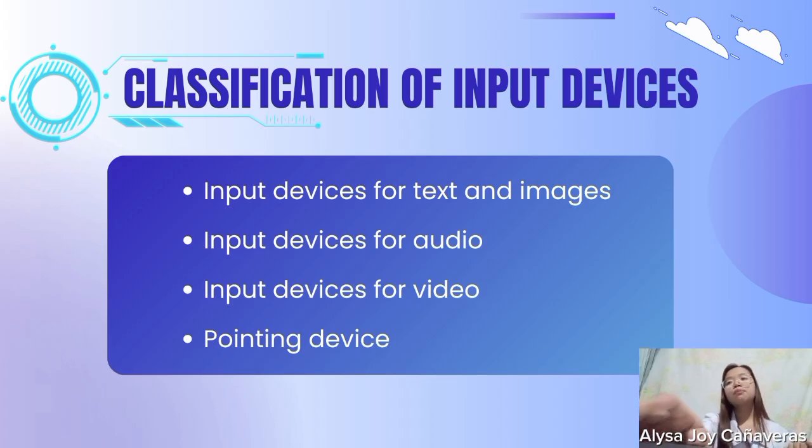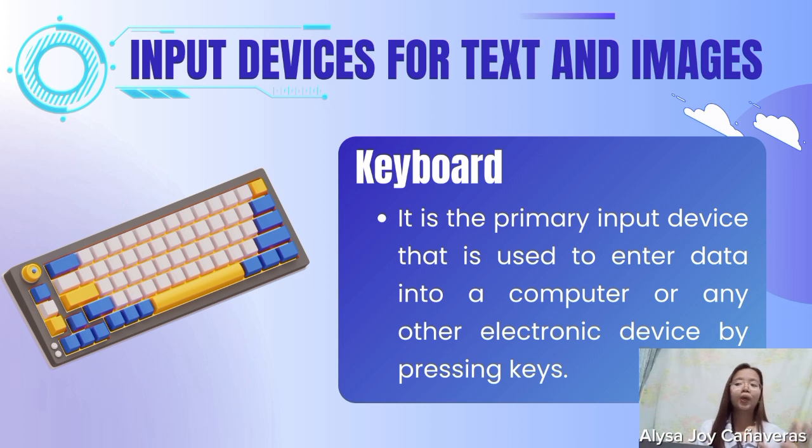First is the input devices for text and images. As you've listened earlier, the main input device is the keyboard, because the keyboard is the primary input device that is used to enter data. It is the most familiar, the most basic input device that could enter data.